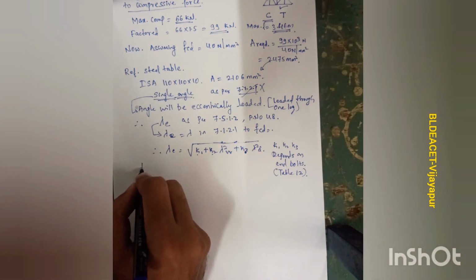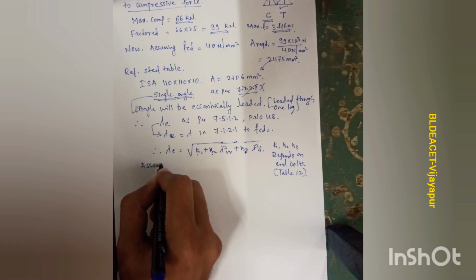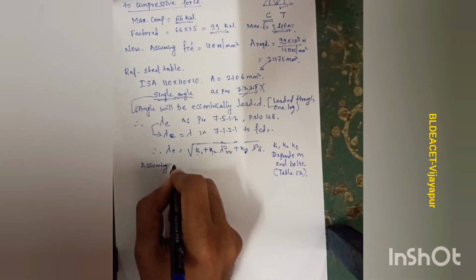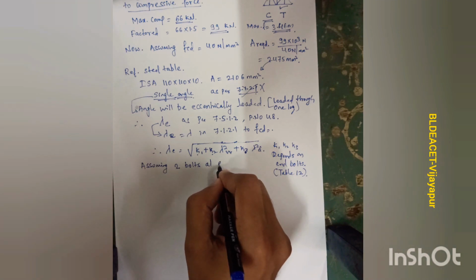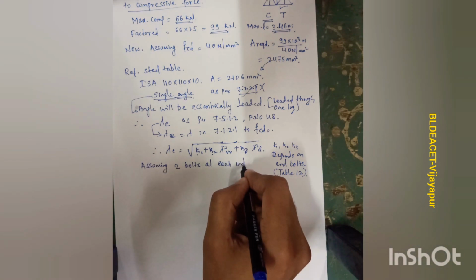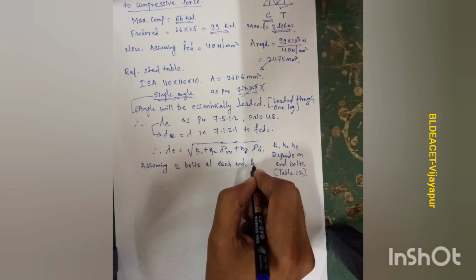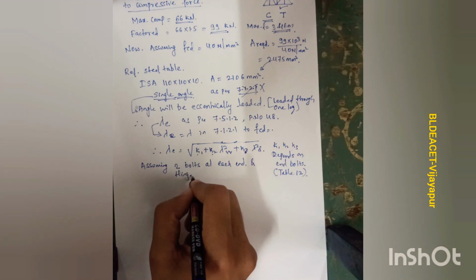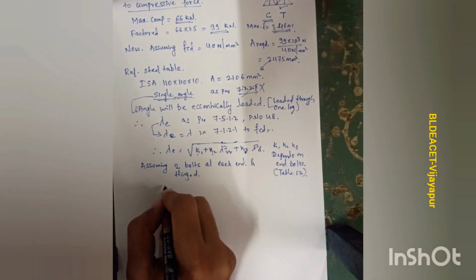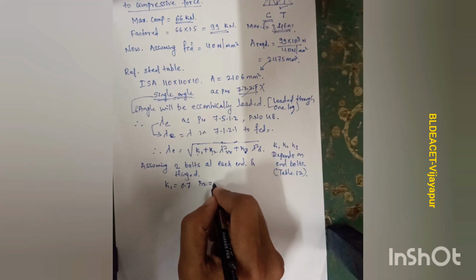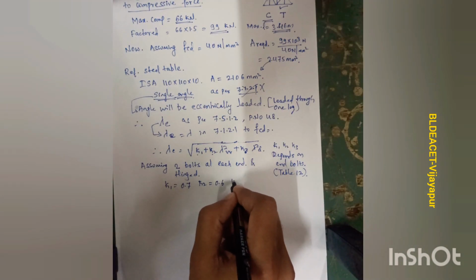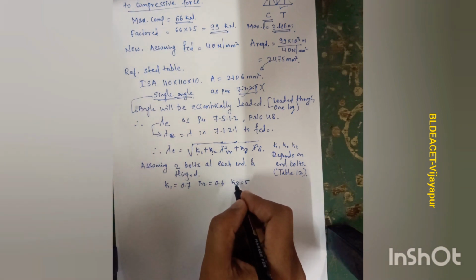Now assuming 2 bolts at each end and hinged, K1, K2, K3 will be: K1 will be 0.7, K2 will be 0.6 and K3 will be 5.